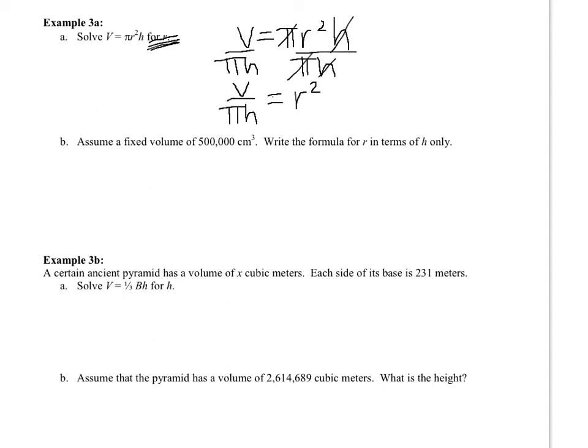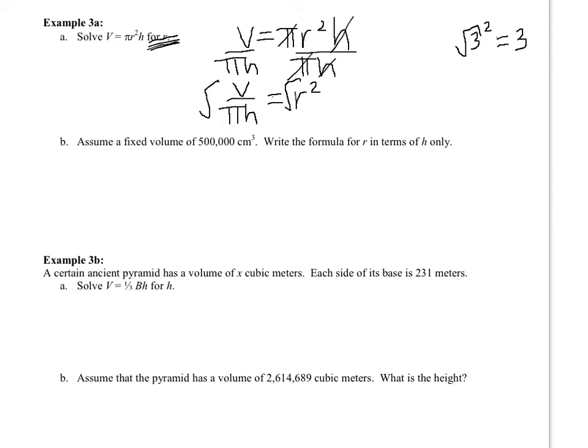Now we want to get rid of that squared, so we have to take the square root of both sides, because we know if we have the square root of 3 squared, it equals 3. So if we take the square root of r squared, it'll be r, and that's what we want. But we have to do the same thing to both sides.